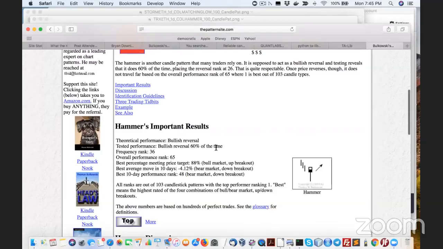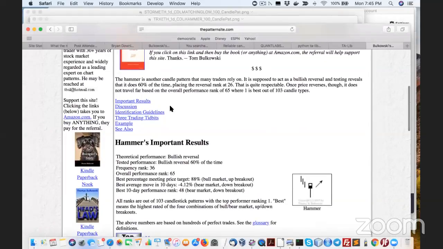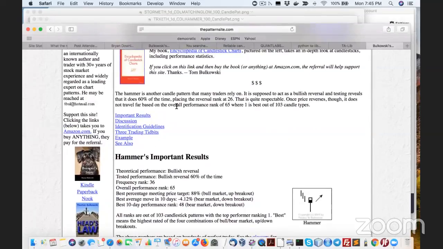Let's see what it says here. 60% of the time it's accurate, a bullish reversal. But you've got to make sure you read this carefully. Now remember, this is from a book, so you're only getting excerpts from this. If you buy the book, you could probably get much better detail.